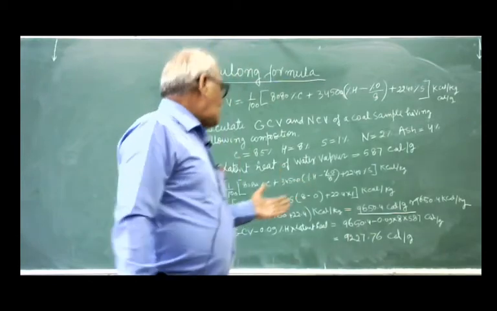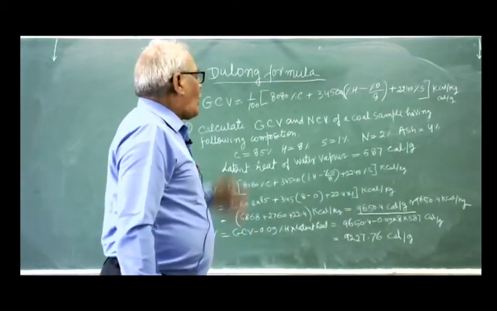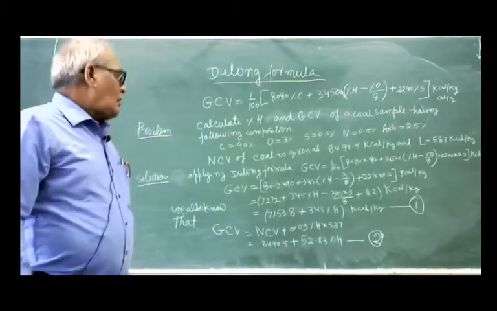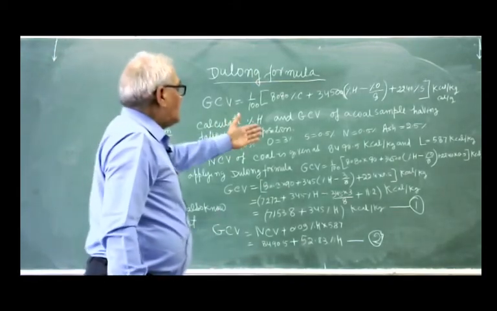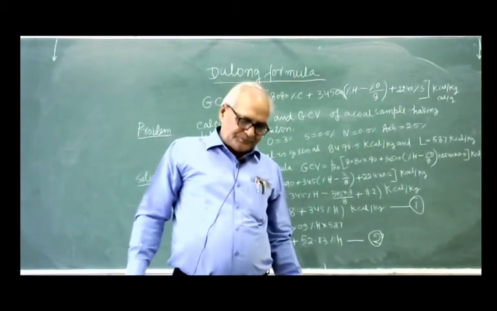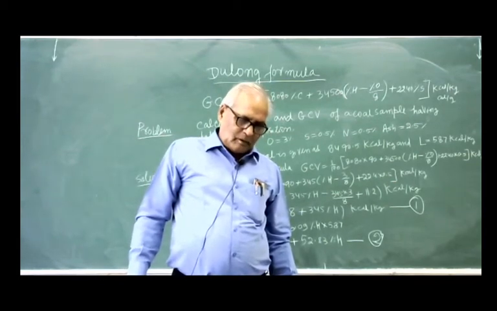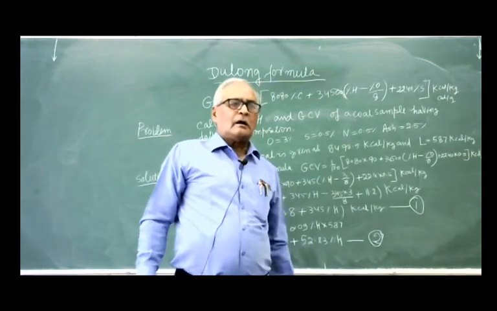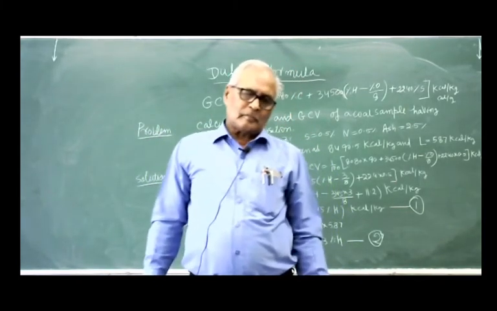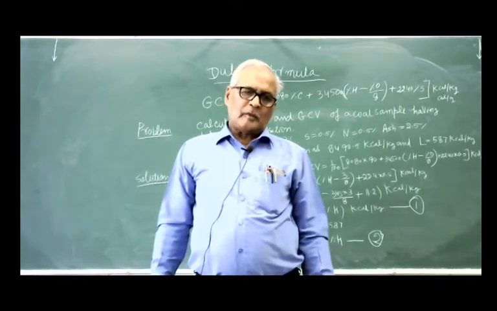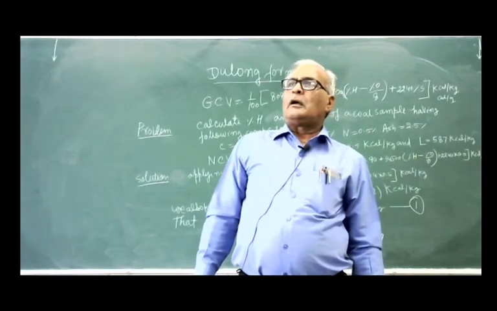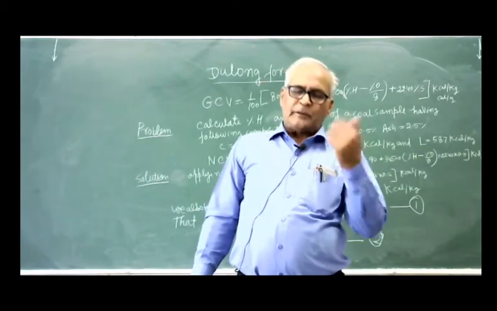So this is one numerical. Now I shall give you another question. Now see, there is another type of numerical problem in which you have to calculate percentage of hydrogen in the given coal sample, if GCV is given.